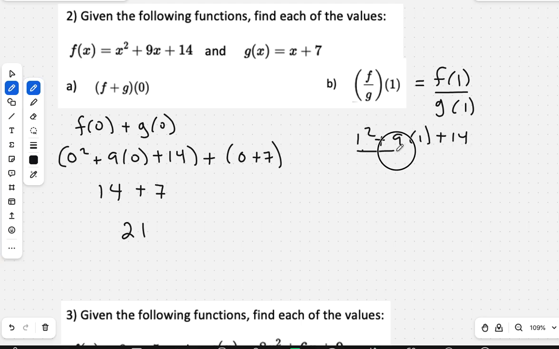And then divide that by g evaluated at 1. So let's see, that's 1 plus 9 would be 10, plus 14 would be 24, and that's over 1 plus 7 would make 8. Always remember to reduce your fractions, so 24 divided by 8 would make 3.